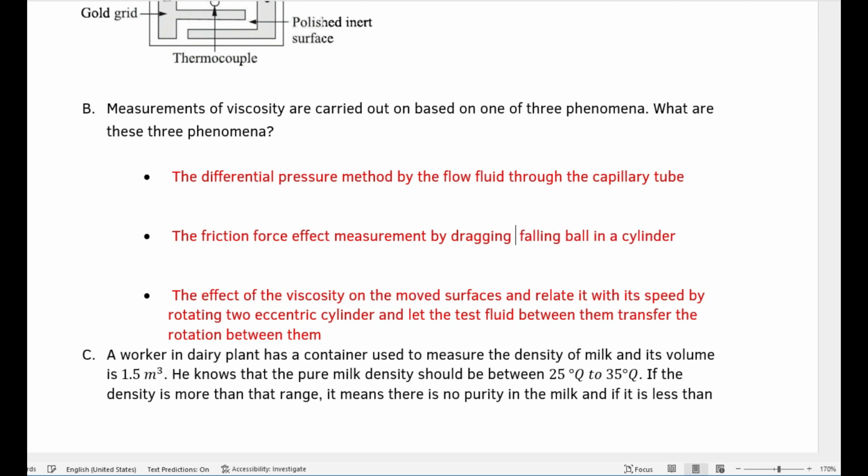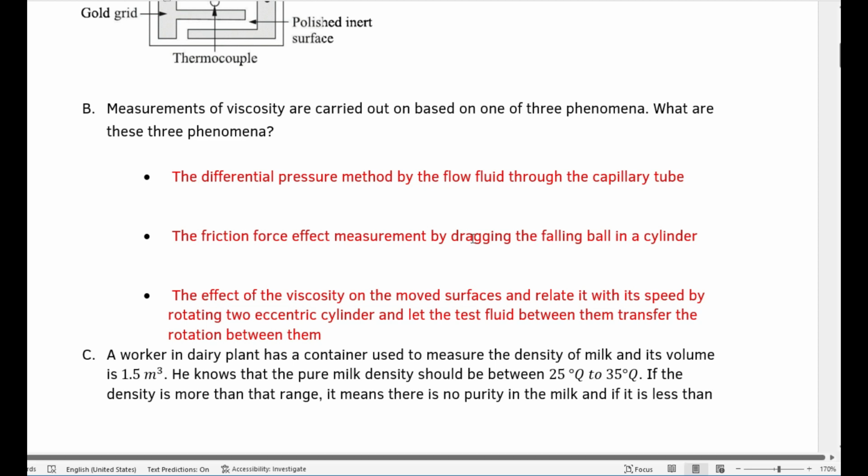the falling ball in a cylinder, and see the effect of friction, of course high friction means high viscosity, on delaying the falling speed of the ball.